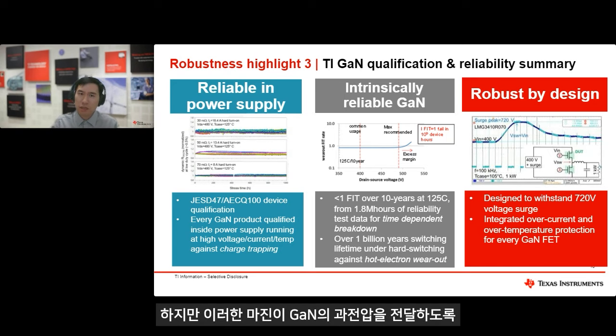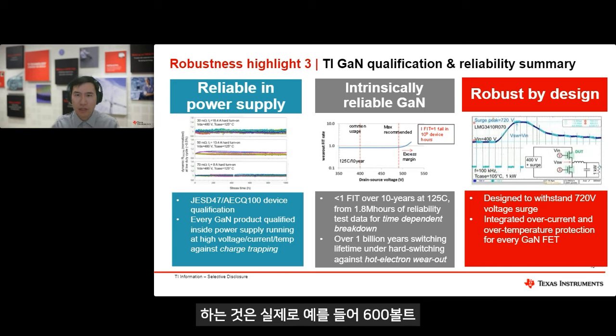By having this margin, the transient overvoltage capability of GaN is actually higher than its spec value.